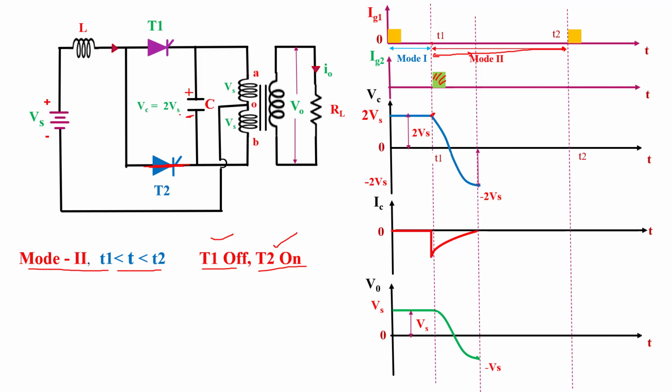and voltage across capacitor is 2Vs. Due to this polarity of capacitor, the T1 thyristor, this terminal is connected to the higher potential of the capacitor, and this terminal is connected to the lower potential of the lower plate of capacitor.